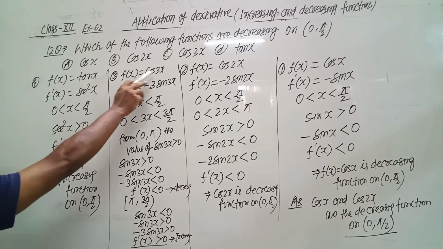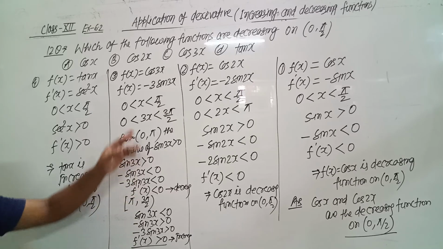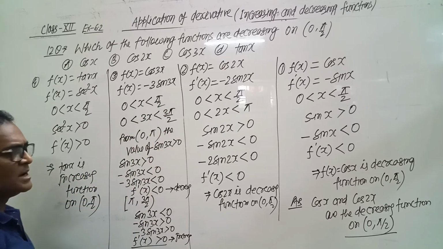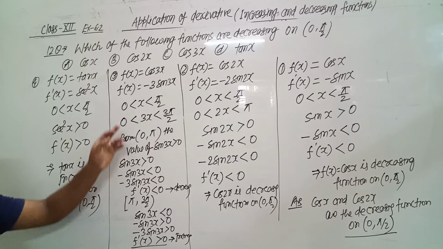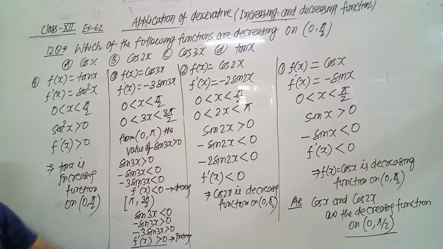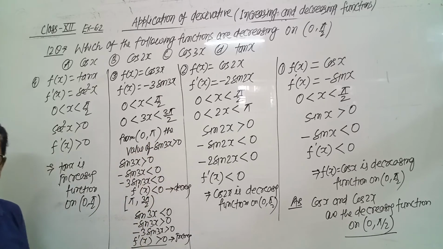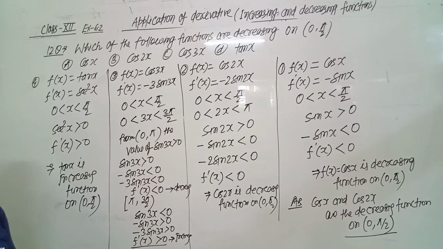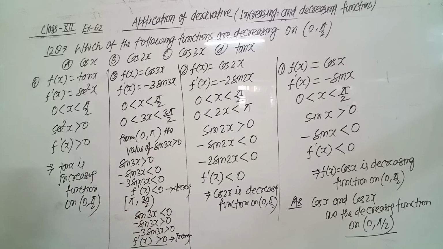Now the third part, f x equals cos 3x, f dash x is minus 3 sin 3x, and x lies from 0 to pi by 2, multiplied by 3 to get the value of 3x. So 0 is less than 3x is less than 3 pi by 2. We have divided this interval in two parts, from 0 to pi and from pi to 3 pi by 2.